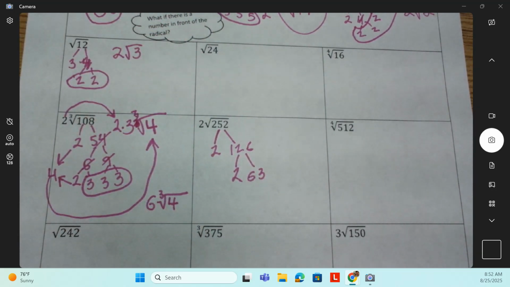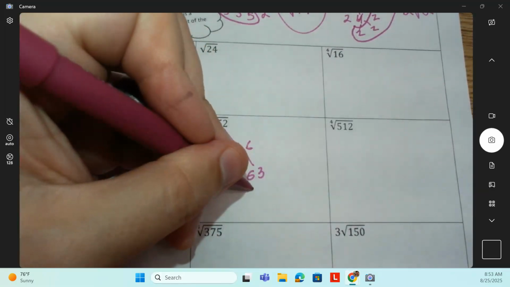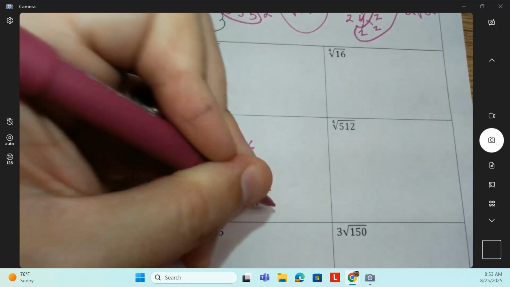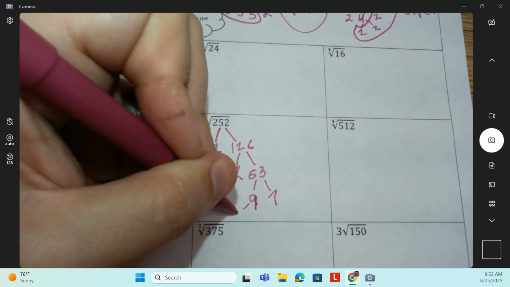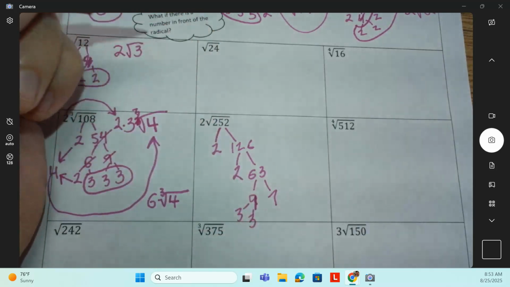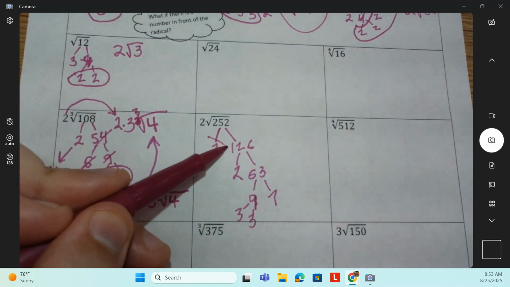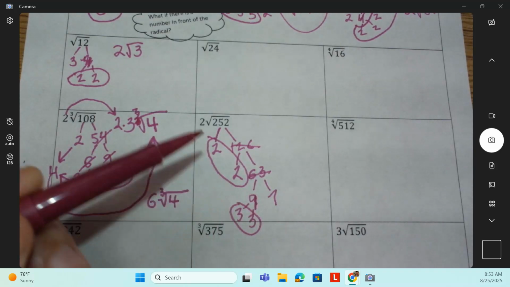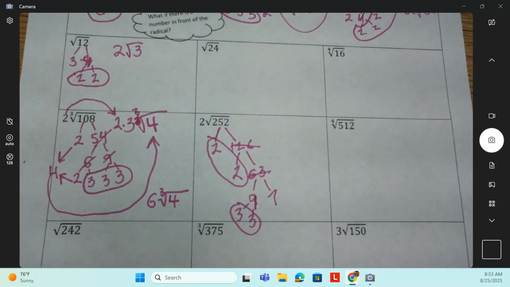63 looks like it would be, let's see, 9 times 7. And 9 would split up into 3 times 3. On this one we're just looking for pairs, so I've got a pair of 2s, a pair of 3s, and then this 7 that's kind of out on its own.